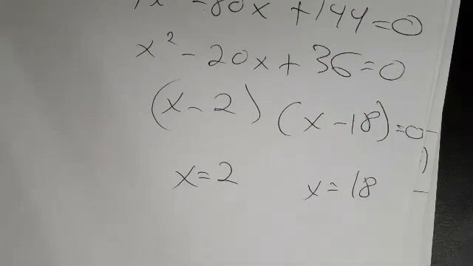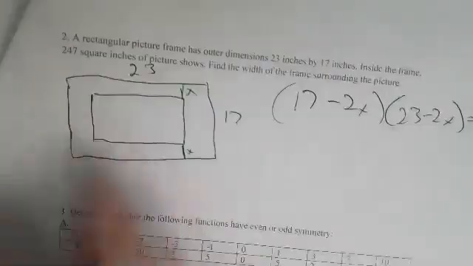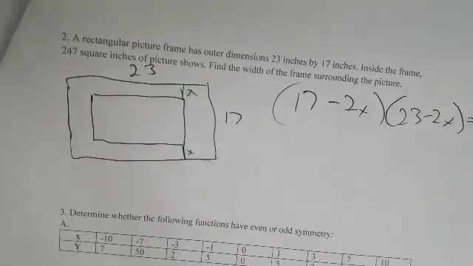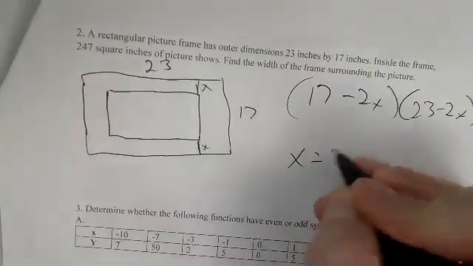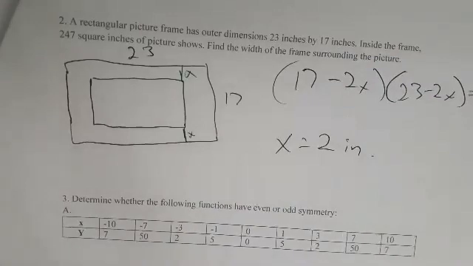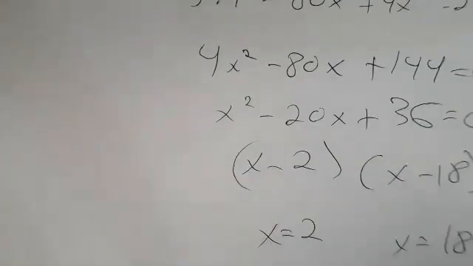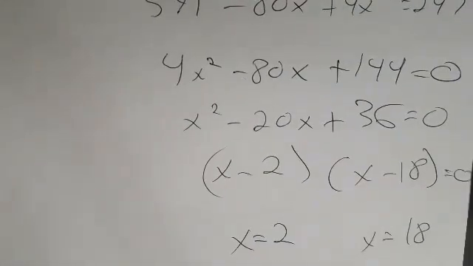And so if we look back at our picture, only one of these things really makes sense, and that would be the 2 inches. The other one was 18, right? Yeah, 18 is not going to fit in there. Just checking my factoring here. Yep.